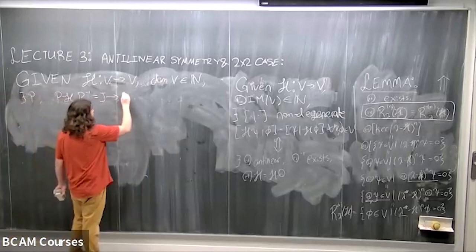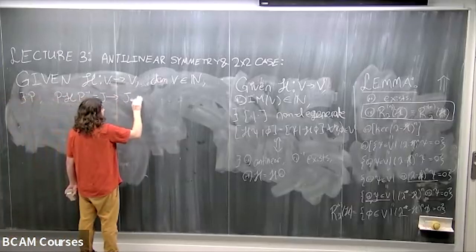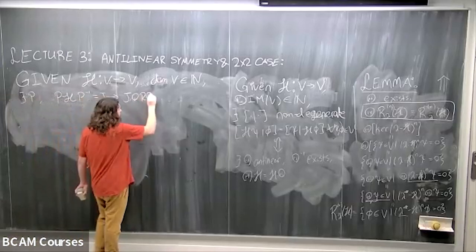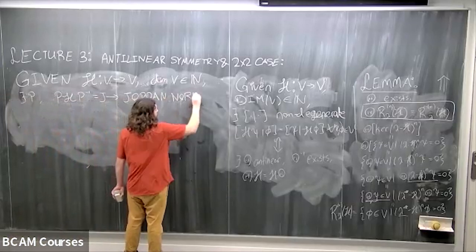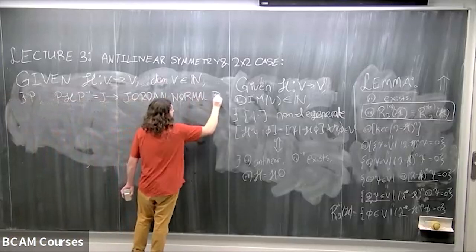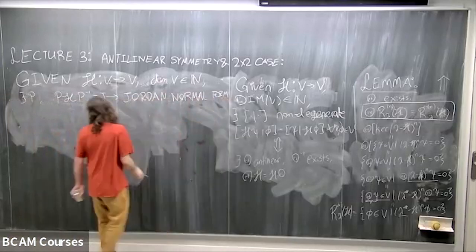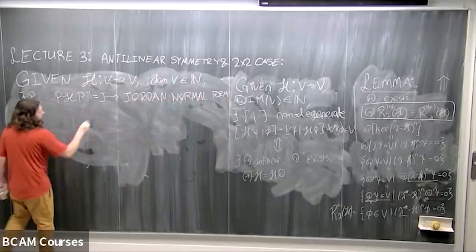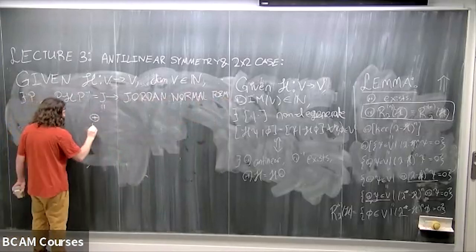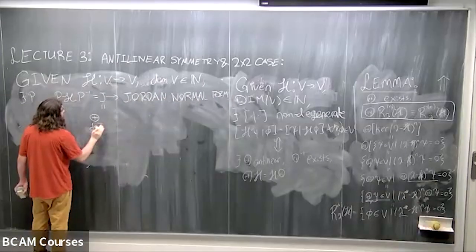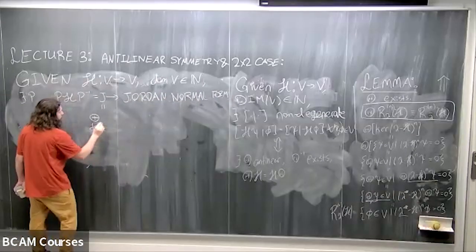So this J is called Jordan normal form, and it can be expressed as such. You can write it as a direct sum over blocks. Let's say it's an index set.